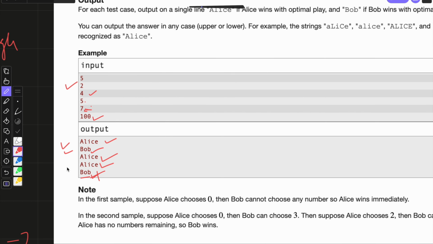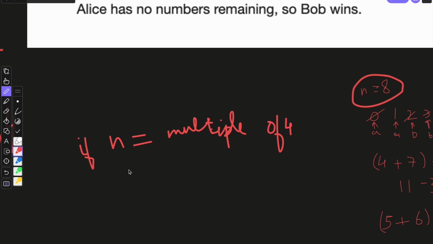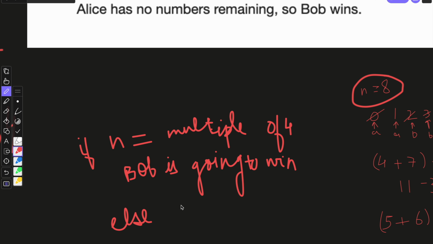So what we are seeing here now is that if N is a multiple of 4, then Bob is going to win, else Alice wins.